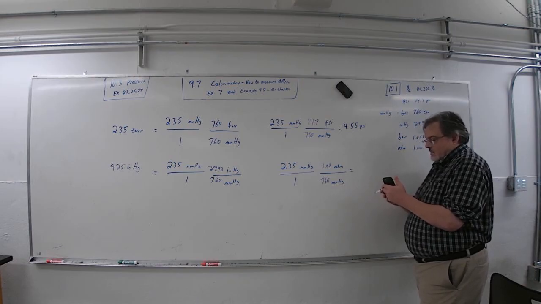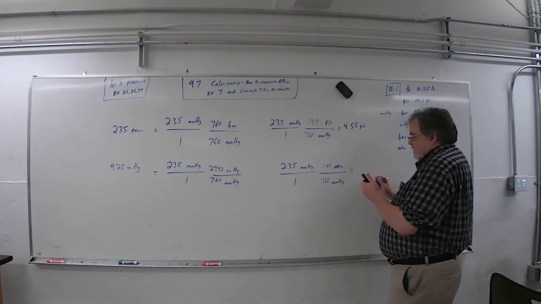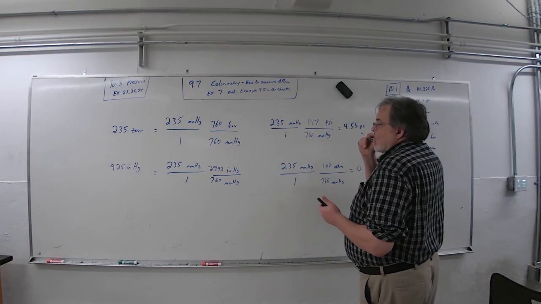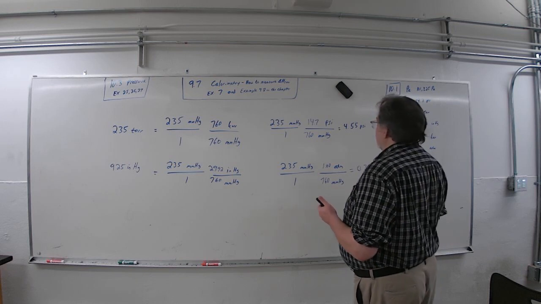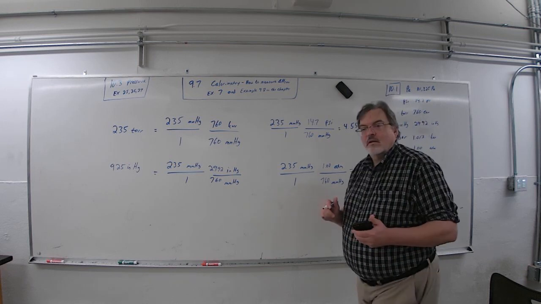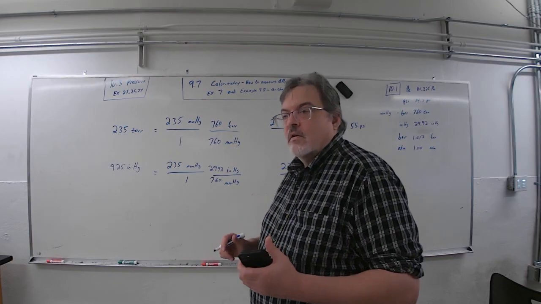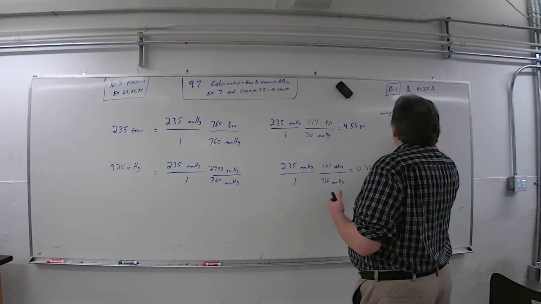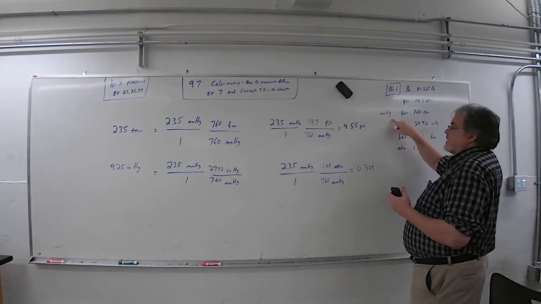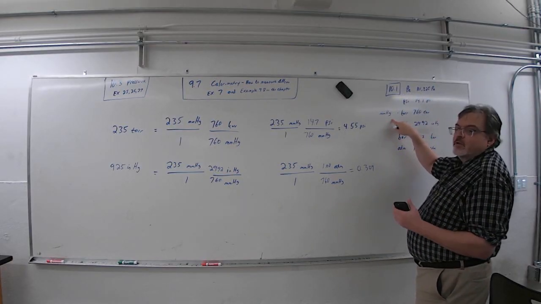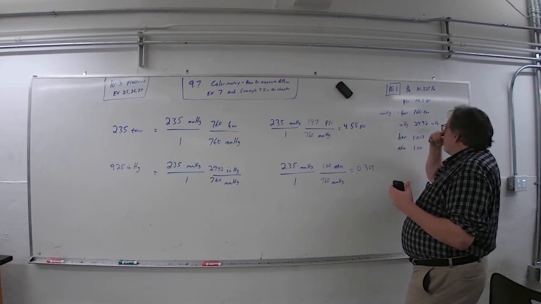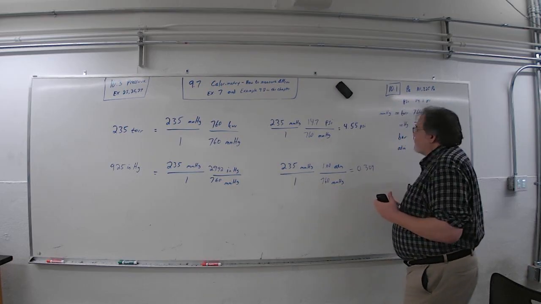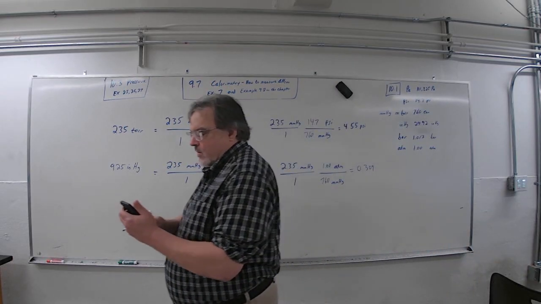Where did you get the 760? Millimeters of mercury from here. Torr equals millimeters of mercury. They're the same unit, really. 1 torr is 1 millimeter of mercury.